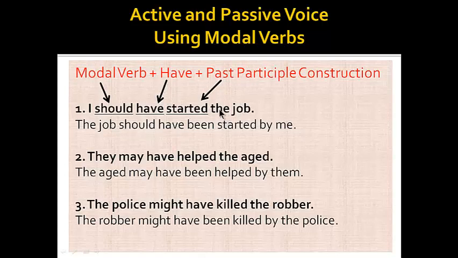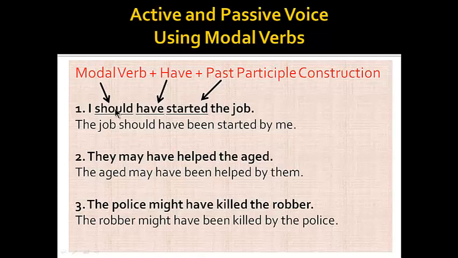So how to change it? Take the same object to the subject place, the job, and whatever the modal verb is used, that modal verb should be put after the subject and then have, but you have to add been in sentences. So this sentence will be, the job should have been started by me.